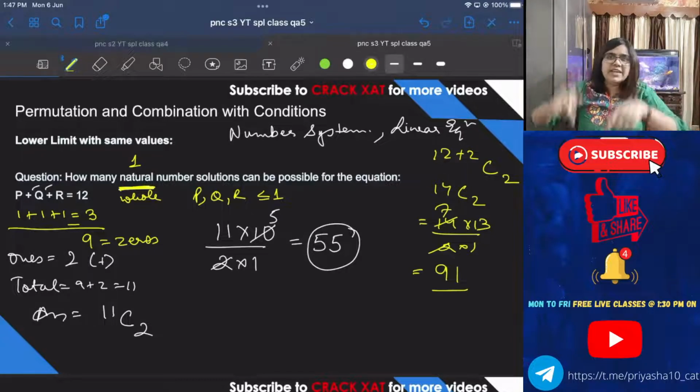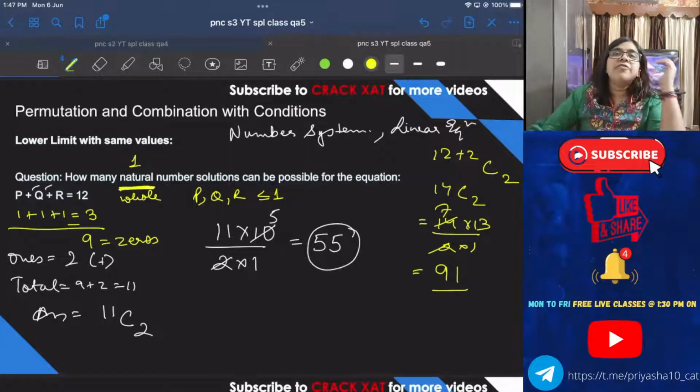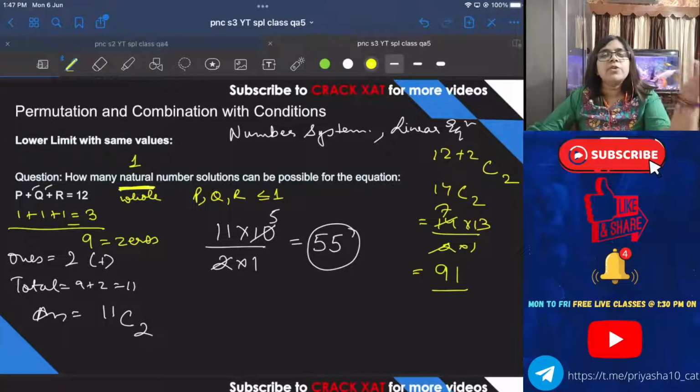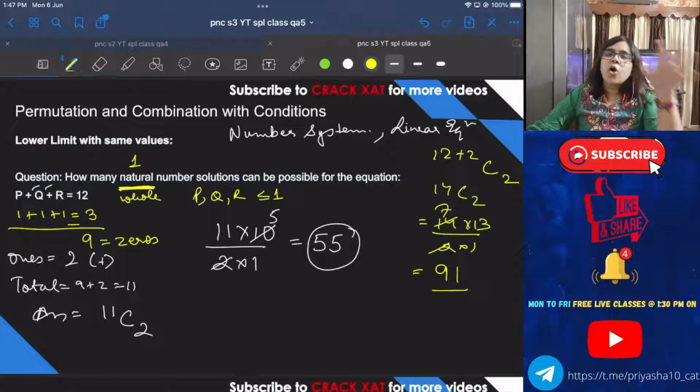This is being asked in CAT. So they will ask you this level of questions, and most people will either drop this question or do it in the second round.